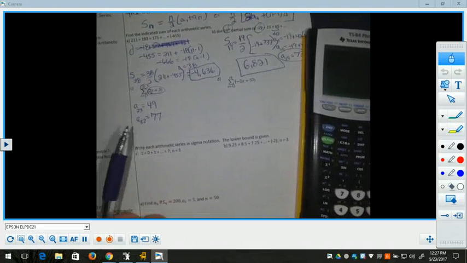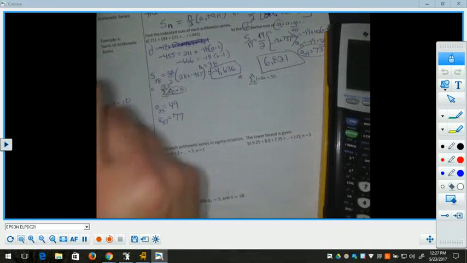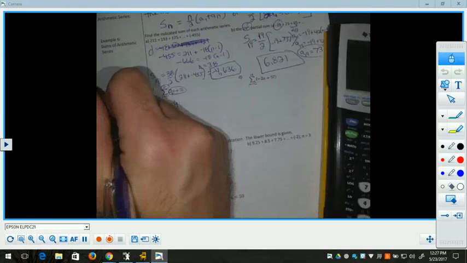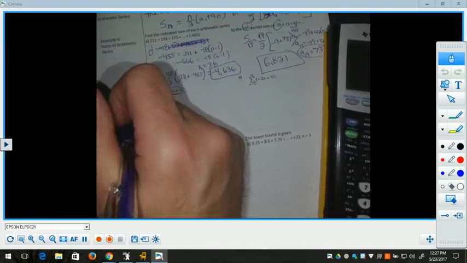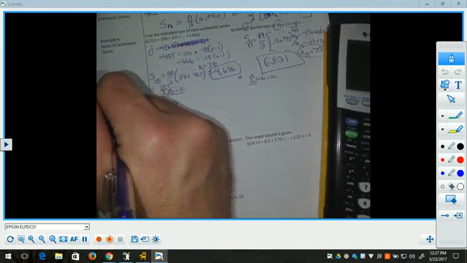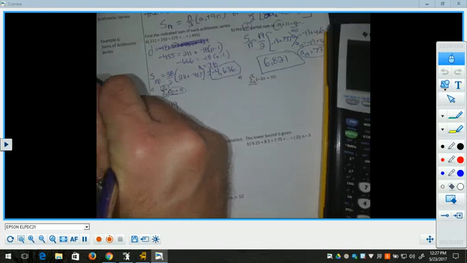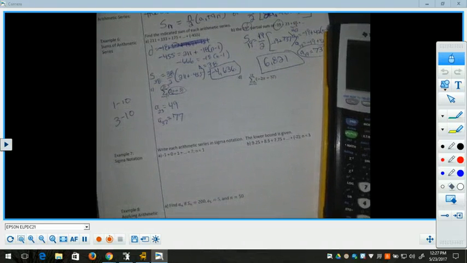Now, we do need to know how many terms away they are, and we have to be careful. Because if I said, hey, you're going to do problems 1 through 10, you'd say, oh, that's 10 problems. If I said you're going to do problems 3 through 10, some of you would say that's 7 problems.